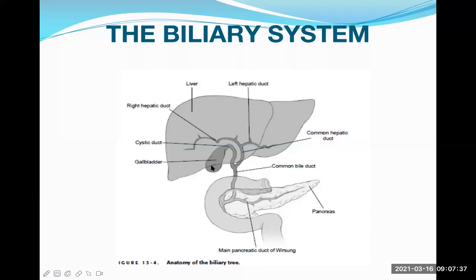That hormone causes contraction of the gallbladder. So the concentrated bile flows into the cystic duct, joins the common bile duct, and reaches the second part of the duodenum. This bile is very much necessary for the digestion of fat. Without bile, fat digestion and absorption is impossible.